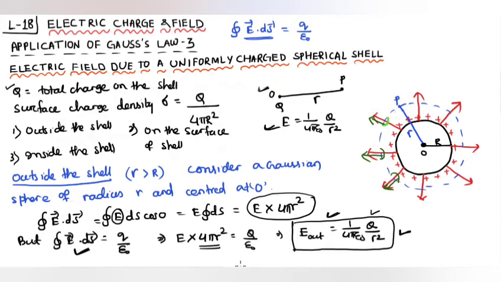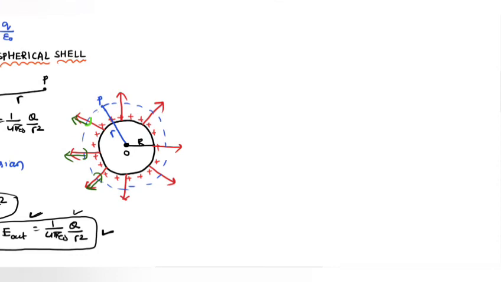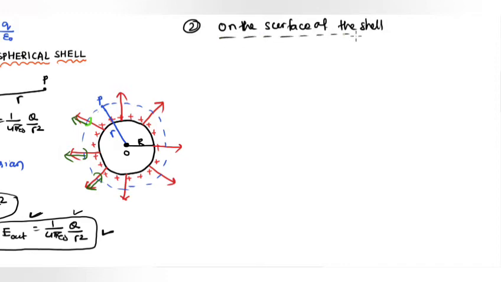Now we'll go to the second derivation, that is to find the electric intensity on the surface of the shell. The second one is on the surface of the shell. So in this case, what will be the electric field?